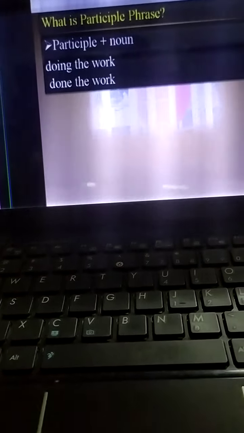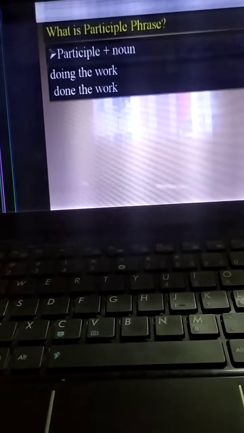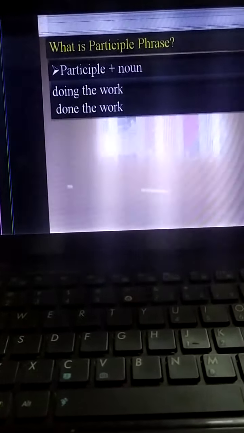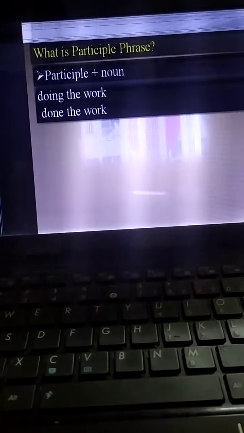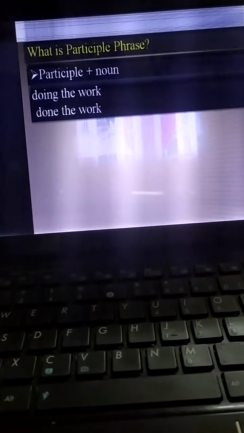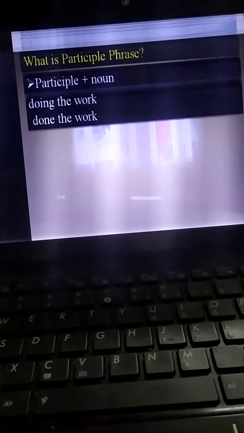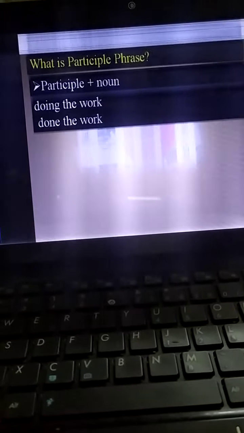Look at this: doing the work. Doing present participle, the work noun, therefore this is participle phrase. Done the work, done past participle, and the work noun, this is participle phrase.